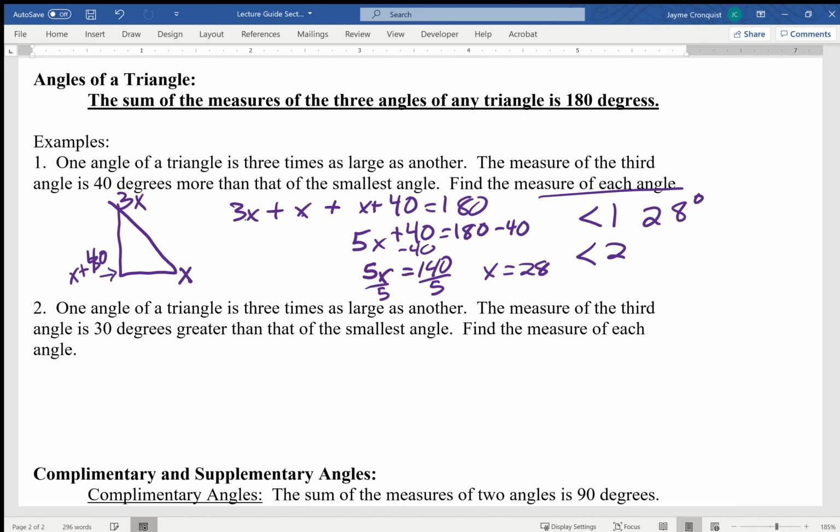Angle 2 is 3 times that, so that's 84. And angle 3 is the 28 plus 40, which is 68. Okay, those are our 3 angles.